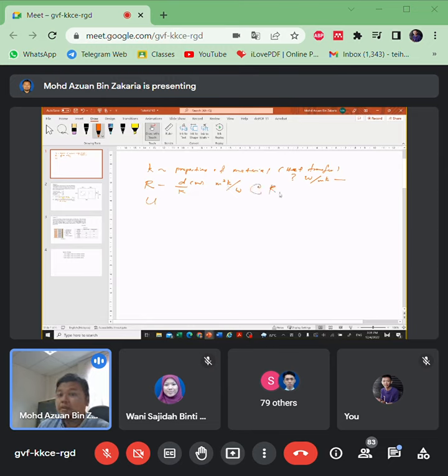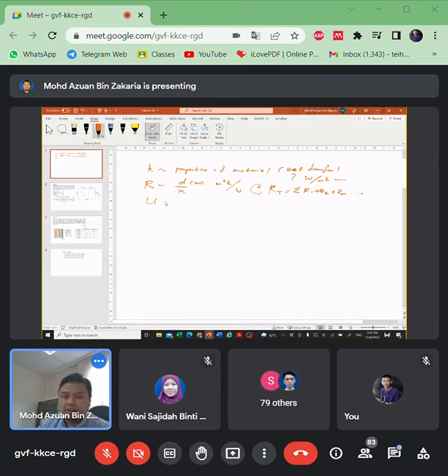If you have multiple layers including surface resistance, you need to calculate R total by summing up the resistance of all layers.